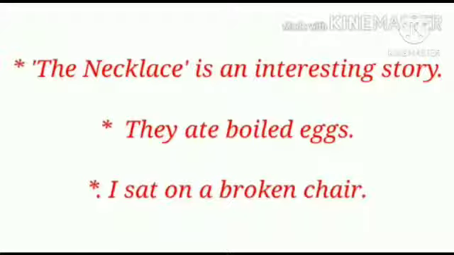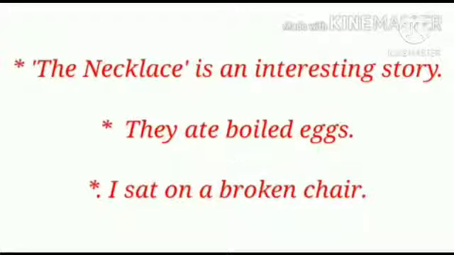Now let us understand it with examples. Here you can see it is written, the necklace is an interesting story. Now the word interesting is describing the story. What type of story? Interesting. Next, they ate boiled eggs. Now what is boiled? Boiled is acting as an adjective because it is describing eggs.